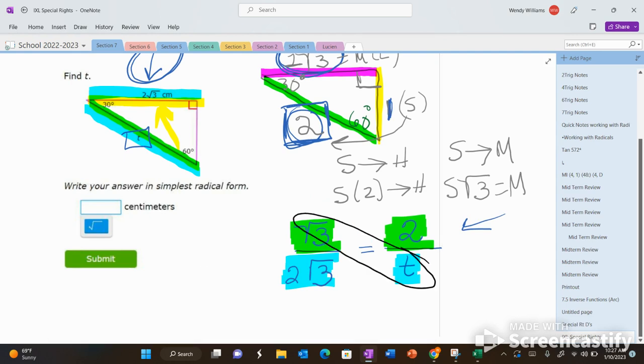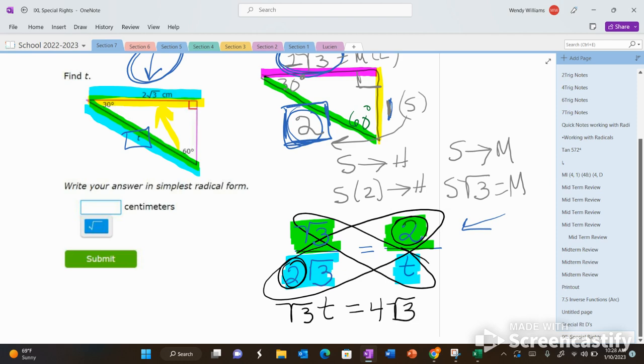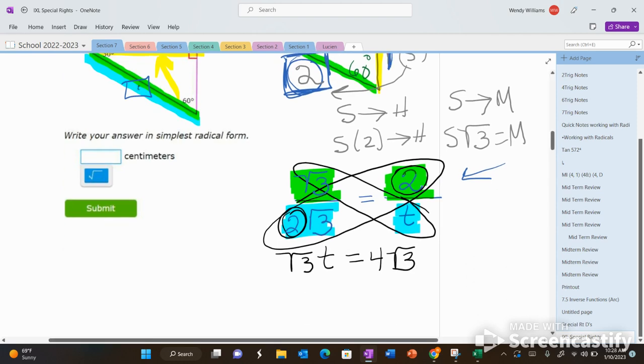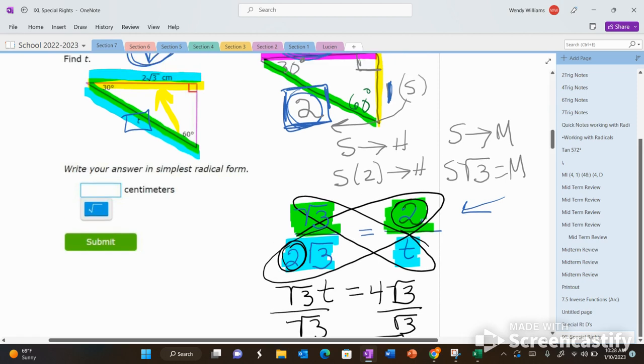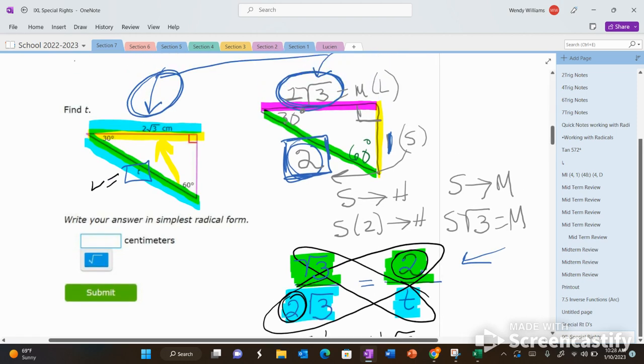Square root of 3 times T equals 2 times 2 is 4, 4 times the square root of 3. How do we get T by itself? We divide each side by the square root of 3, and T equals 4. What is T? T is my new hypotenuse.